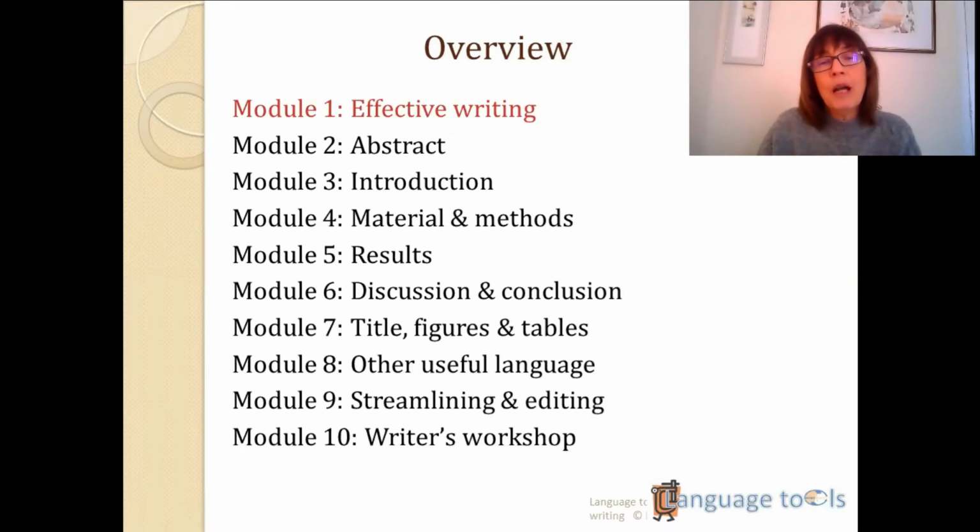And also, we'll have a look at other useful language and streamlining, editing exercises, and end up with a writer's workshop where we will put everything that we have learned into practice to carry out a writing exercise. All the tasks that you will do, you should hand in through the online platform so that I can provide feedback on your work. Okay?